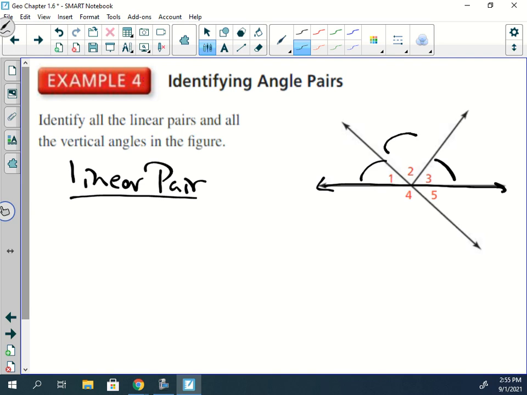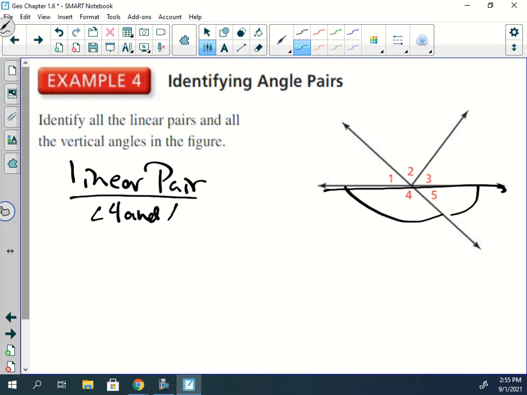No, there's this gap in the middle, isn't there? It's 4 and 5. So there's one part, there's 2, and that makes a whole line, doesn't it? Yeah, so 4 and 5 do make a straight line.